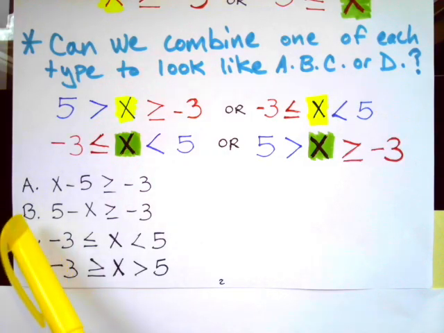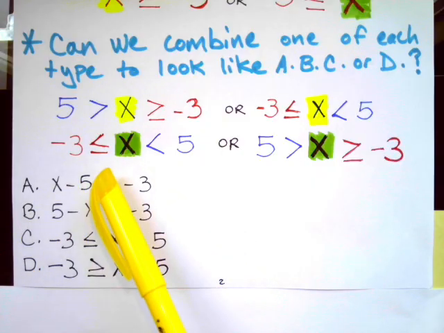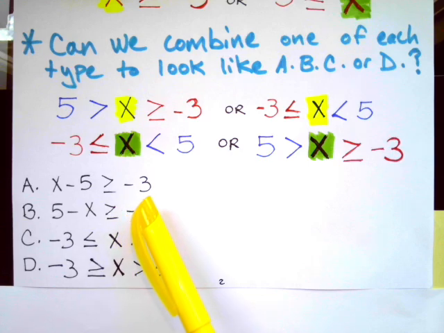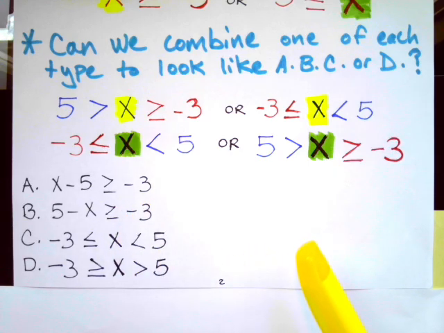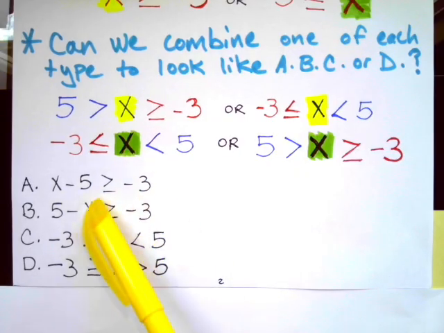So, in going over this, we can see that x minus 5 is greater than or equal to negative 3. Is that saying either of those, x is less than 5, or greater than or equal to negative 3? Well, greater than or equal to negative 3, that's this, right?